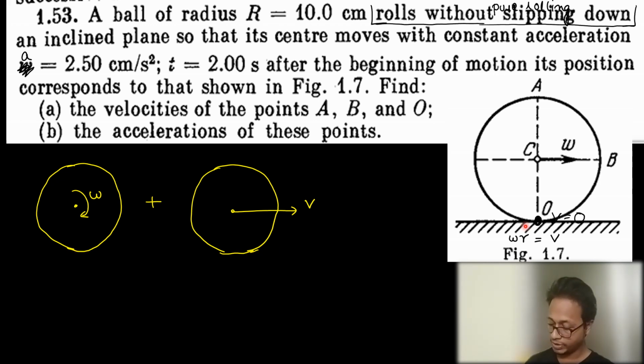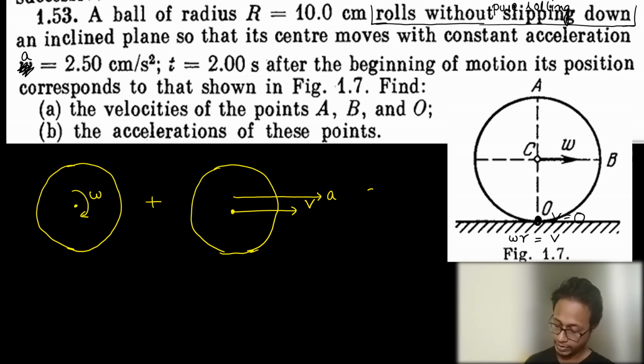So v is always equal to omega r for pure rolling motion, where r is the radius of the circle. Now it is given that this point has an acceleration of 2.5 centimeter per second squared.